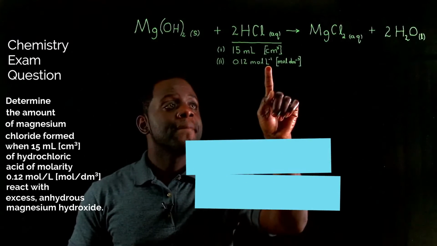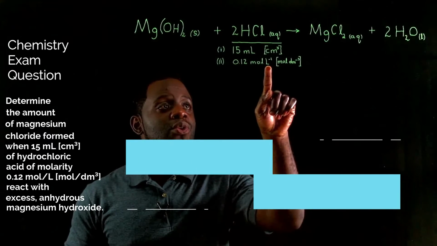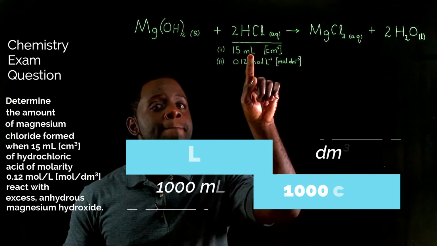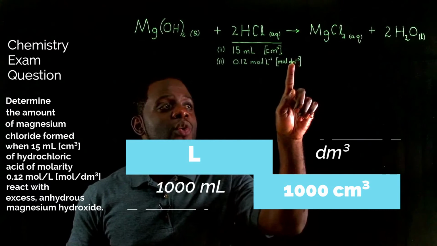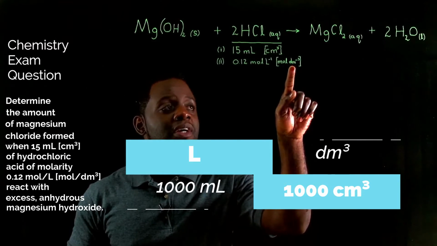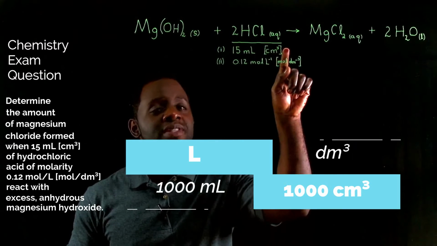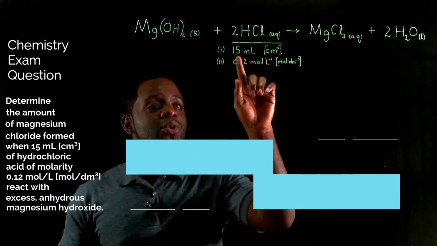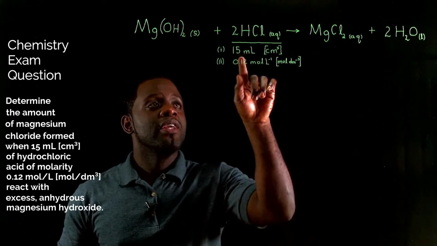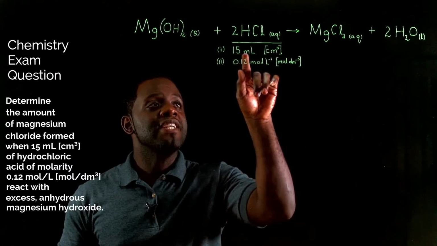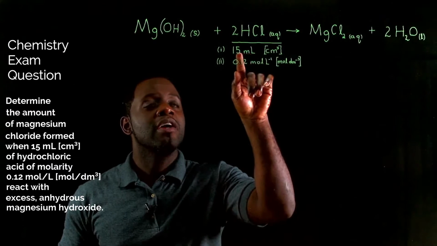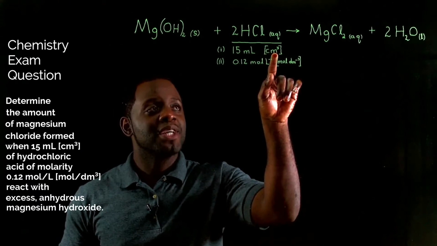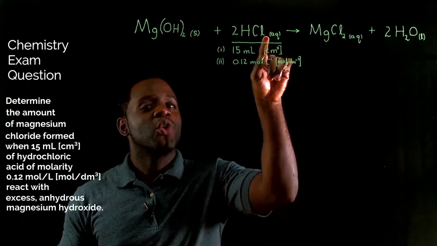A liter is equivalent to 1000 milliliters and 1 dm cube is equivalent to 1000 centimeters cube. We are told too in the question that we are using 15 milliliters or 15 cubic centimeters of hydrochloric acid.